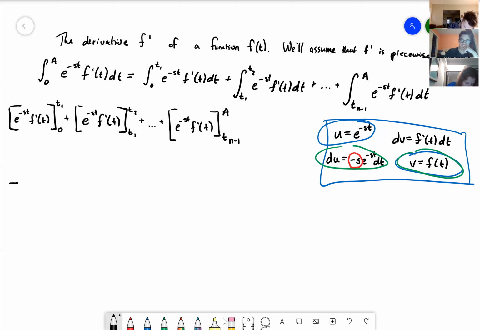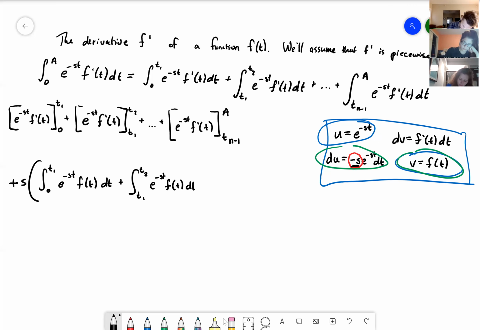Since I'm subtracting that, I get a plus s times the integral from 0 to t1, where v du is e to the minus st f of t, with the minus s factored out to the front. Then t1 to t2, e to the minus st f of t dt, and so on up to tn minus 1 to a.